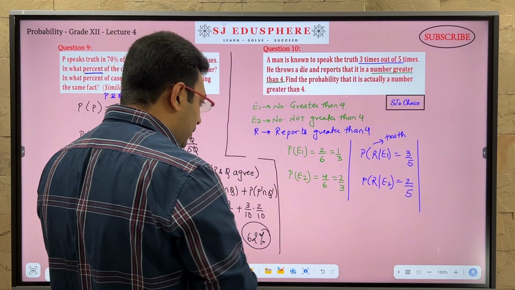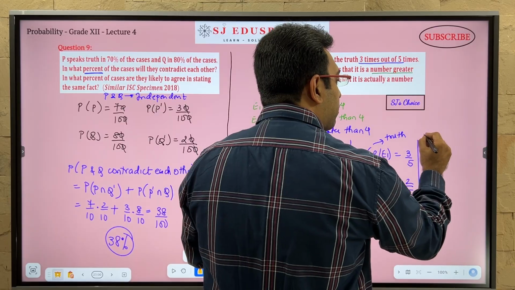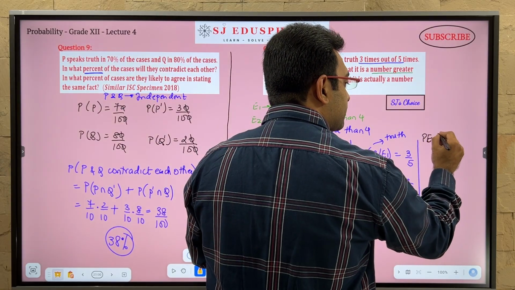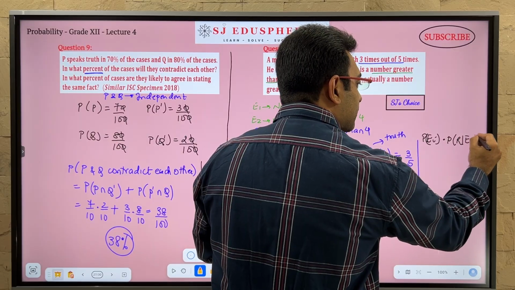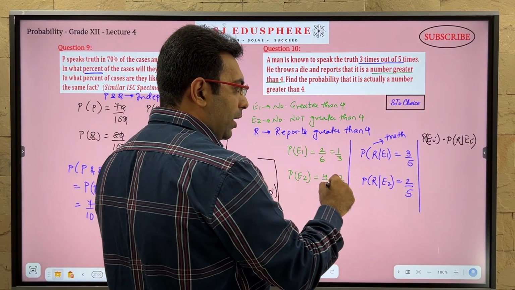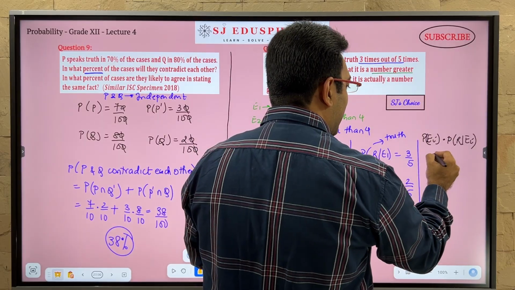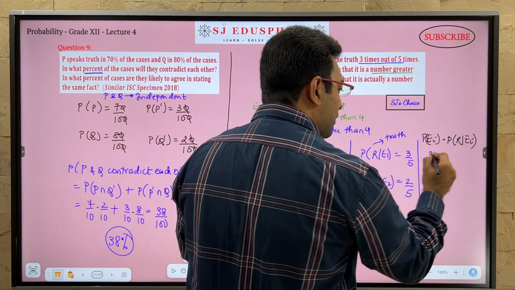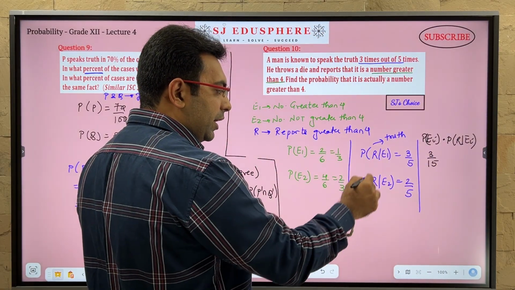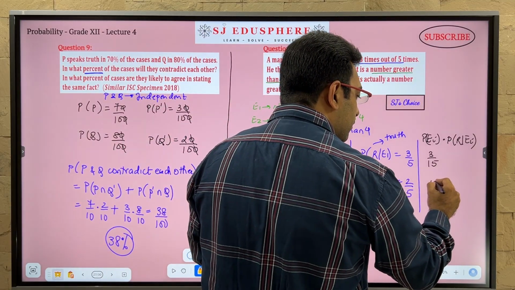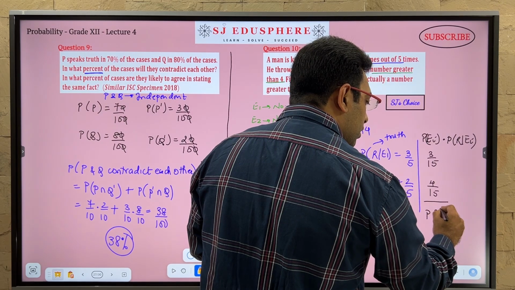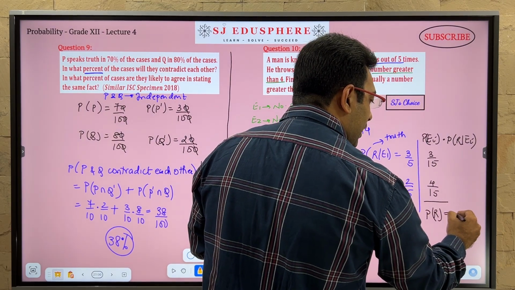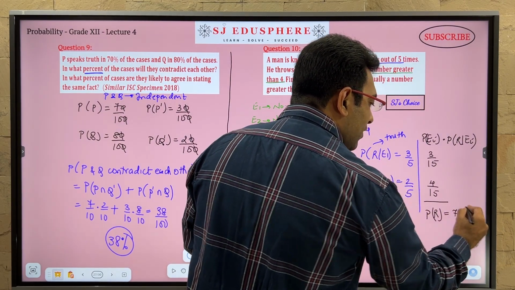Then if I multiply probability EI into R given EI, I get 1 by 3 into 3 by 5 is 3 by 15, and 2 by 3 into 2 by 5 is 4 by 15. That gives me probability of R as 7 by 15.